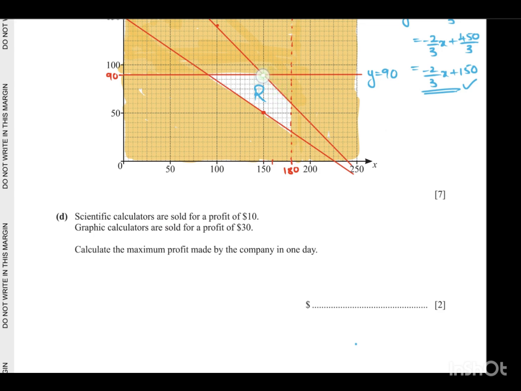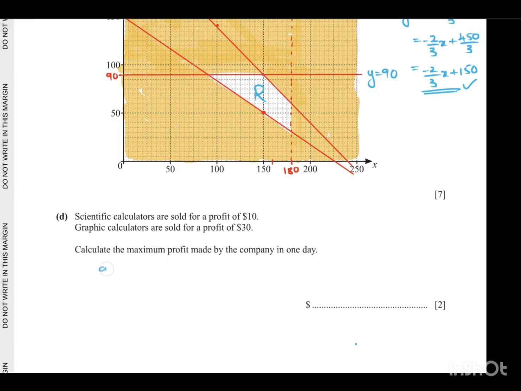It is the farthest from the origin to the right side and from below, so this will be the highest point.